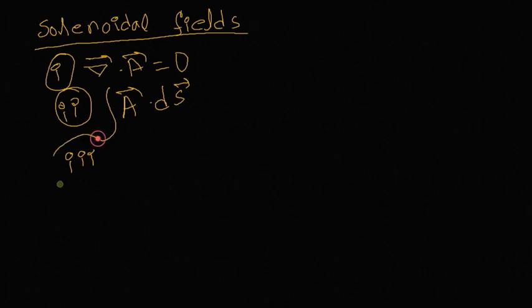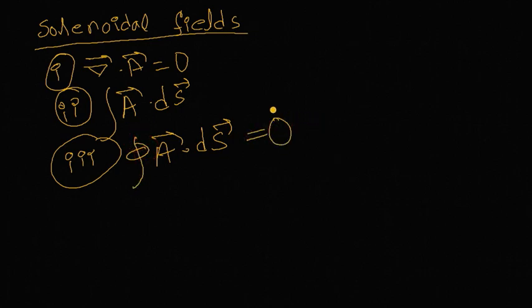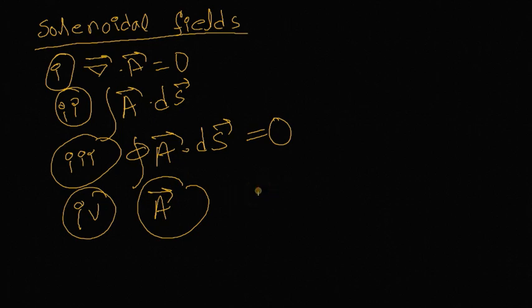Number 3 is that A dot ds is 0 for any closed surface. And number 4 is that A is a curl of some vector, that is, we can write A vector equal to del cross V vector. So we can write A as a curl of some vector.